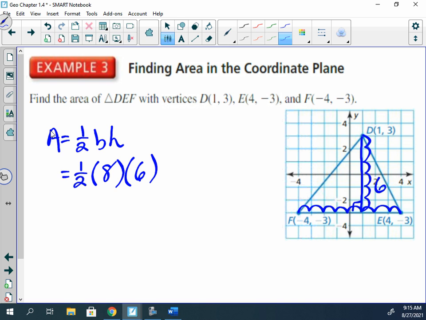And the base is always going to be the side that the height, that altitude, connects to. Well, now we can just figure it out. 1/2 times 8 times 6. Half of 8 is 4, and 4 times 6 is 24. So the area of this triangle here is 24 square units. That's all we have to do for this one.